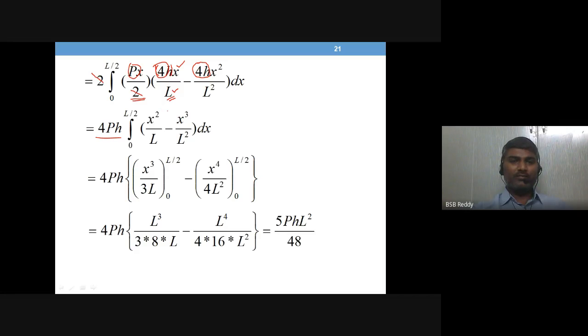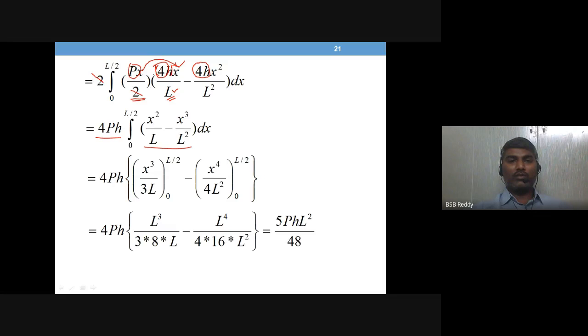Outside you have one x left over, so what you get here is x into x, x square by L, one term, and x to be multiplied here, x cube by L square is remaining. This is further simplification.